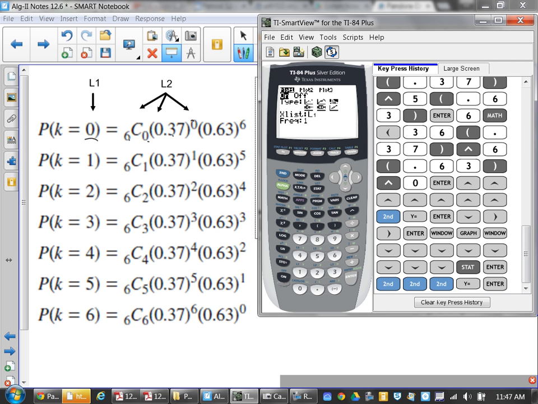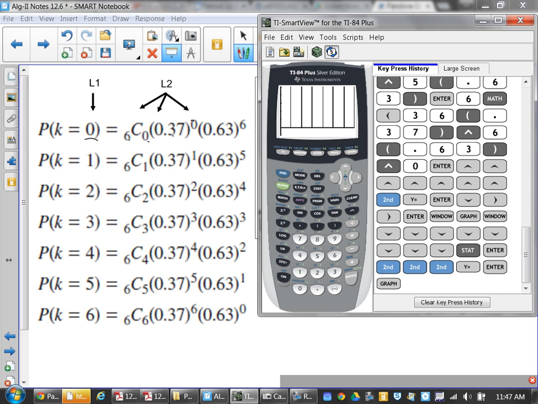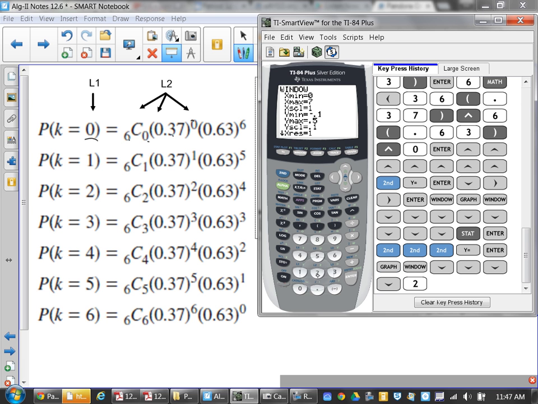That should be right. Why is it doing that? I did mine on my regular calculator and it looked fine.